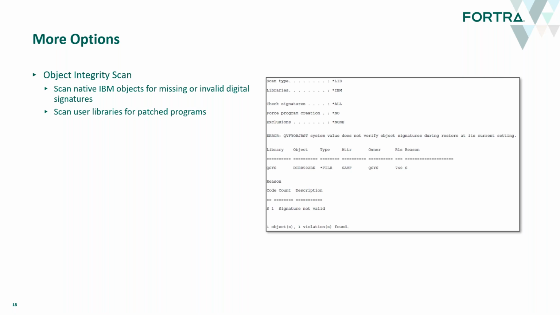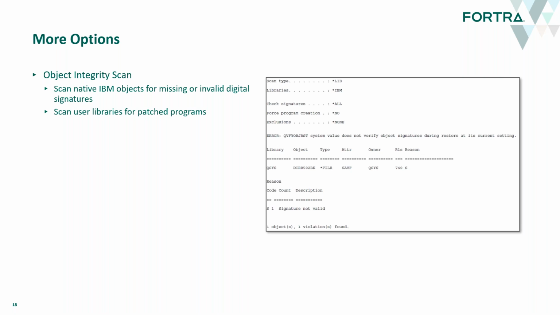So this is going to actually look at your native objects on the system for any tampering. Whether you're scanning those IBM libraries for missing or invalid digital signatures. I don't know if you know this or not, but IBM's been digitally signing all of their objects since V5R1. I actually went and found the information on it.